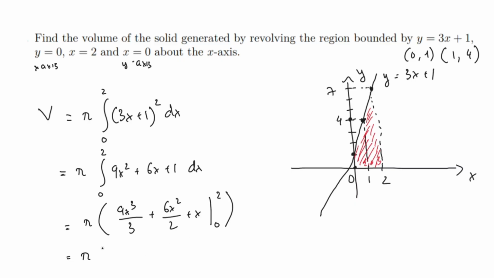You plug in 2 into this function: 9 times 2 cubed over 3, plus 6 times 2 squared over 2, plus 2, and minus, you plug in 0, so it's 0 minus 0 minus 0. This equals 38 pi, so our volume is 38 pi.